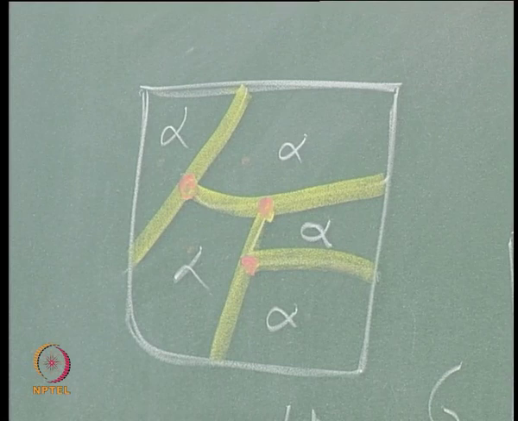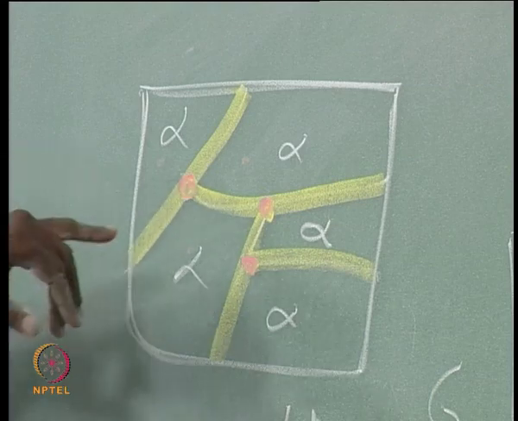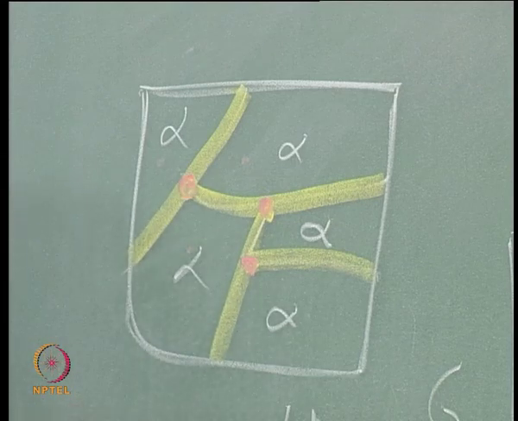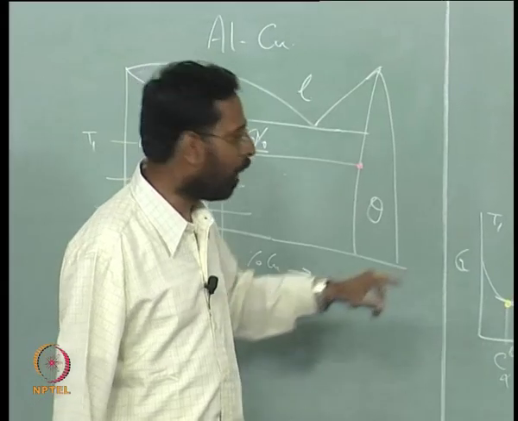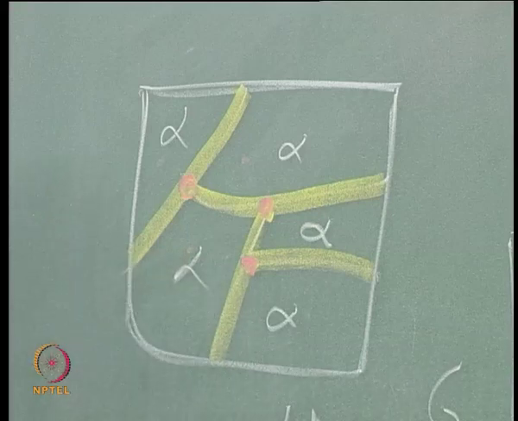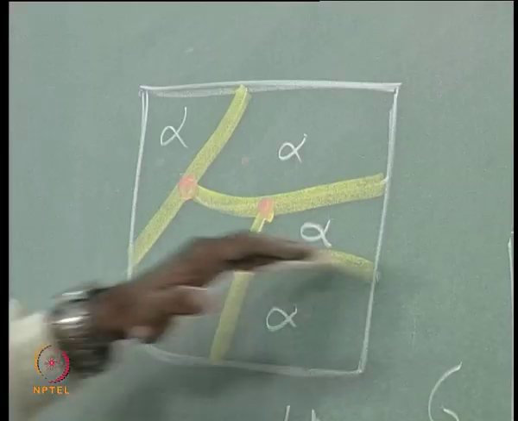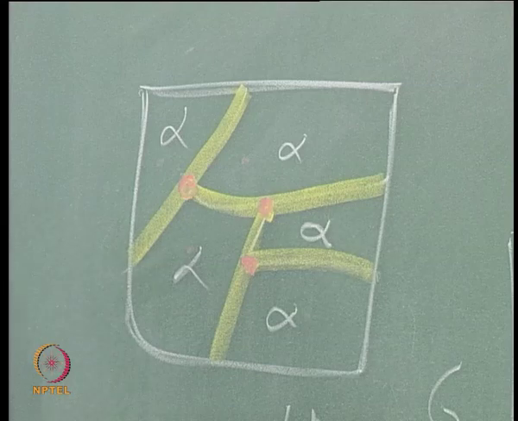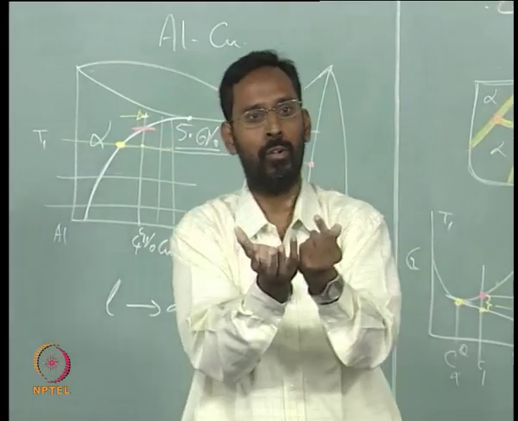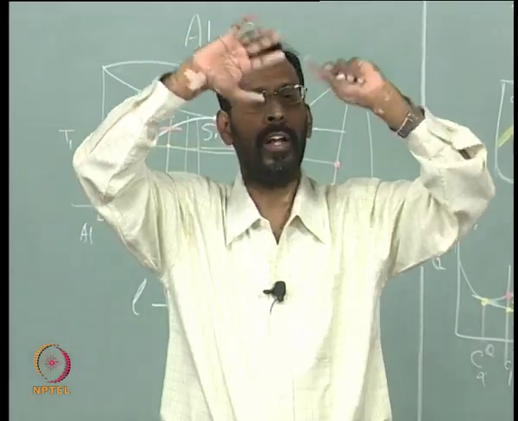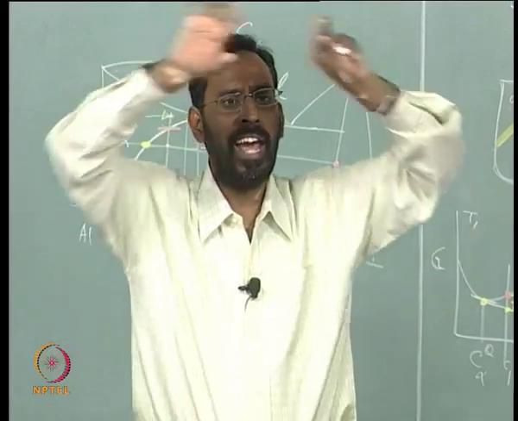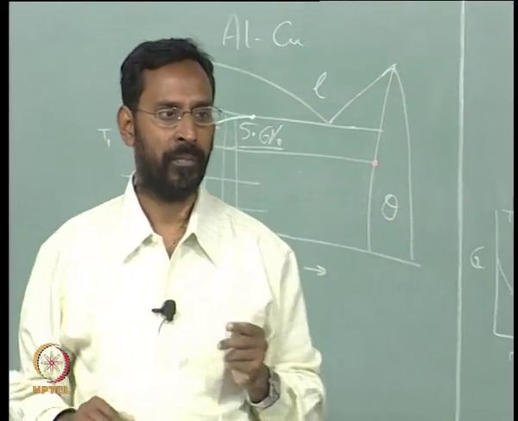But the problem we have is, fine, nucleation is occurring, but because of the nature of the theta phase, once it nucleates, it grows along the grain boundaries and forms a thin network at the grain boundaries. If you imagine the grain to be spherical, you would see a kind of layer forming on the sphere.